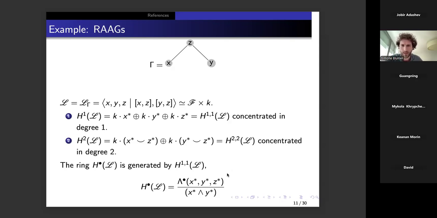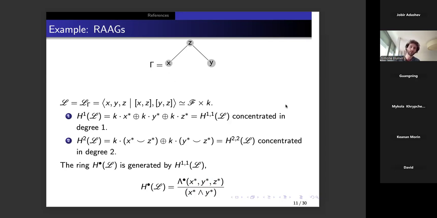So let's see a bit what it means. We are generating our cohomology with three generators, which correspond to the three vertices of the graph. And we have a single defining relation, which comes from the only pair in the graph that doesn't span an edge.